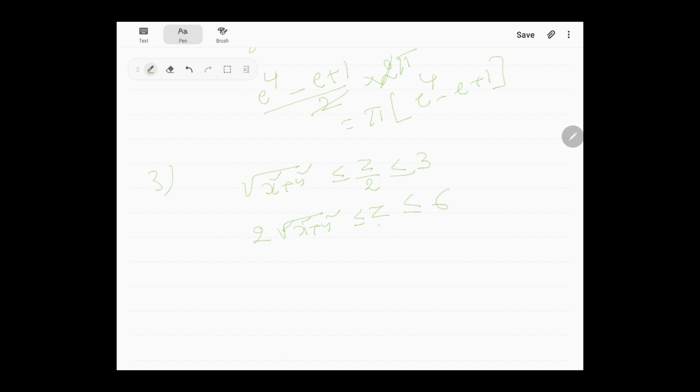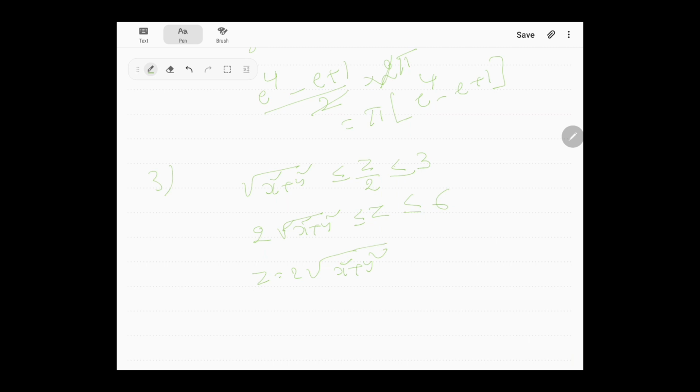What does z is equal to 2 root x square plus y square represent, and what does z is equal to 6 represent? You know z is equal to 6 represents a plane. What does z is equal to 2 root x square plus y square represent?